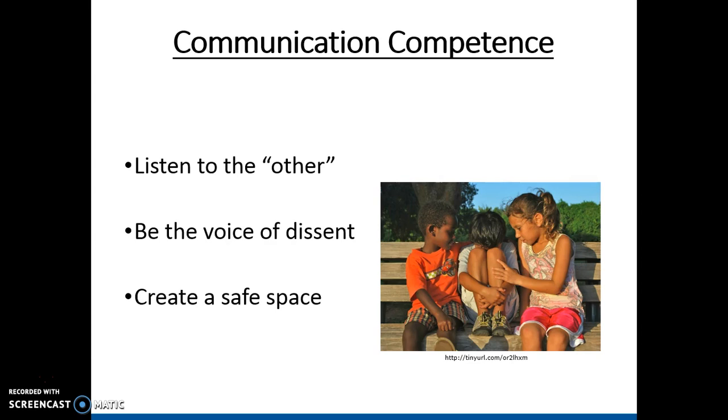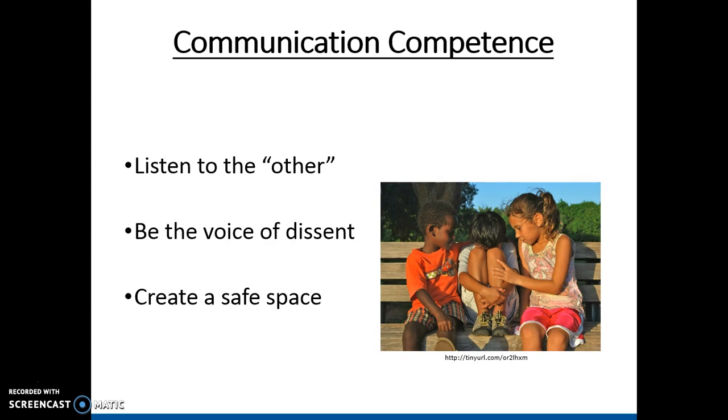But because I was willing to listen to the other, to get an experience from someone who had an experience really unique from what I experienced, I could be a competent communicator. I didn't have to constantly say, oh, they're faking how much pain they're going through. No, I could understand. I could be empathic.